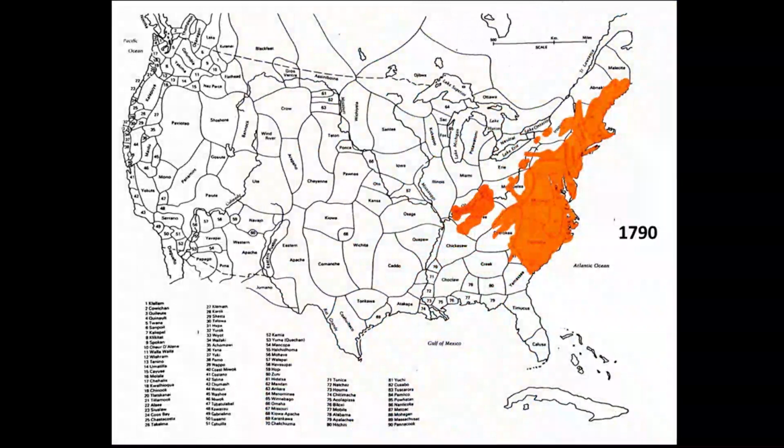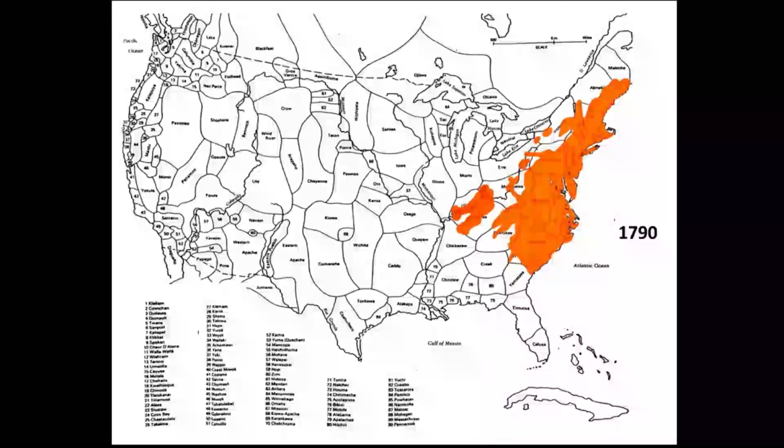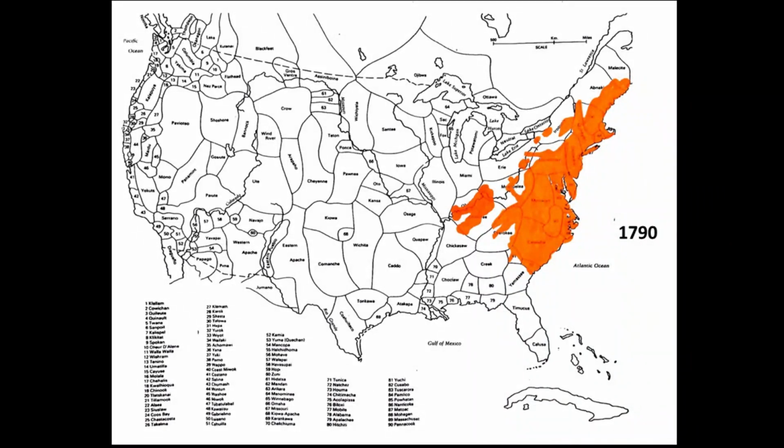But if we put that map over this one, which is far more realistic, we need to pause to consider that 300 years at this point have passed since Columbus, 25 years after the Declaration of Independence, and yet more than 75%, I would say 85% of North America is still in the hands of Native nations. And in fact, 50% of what's in orange, so even 50% of what that textbook was claiming, is actually still in the hands of Native nations.